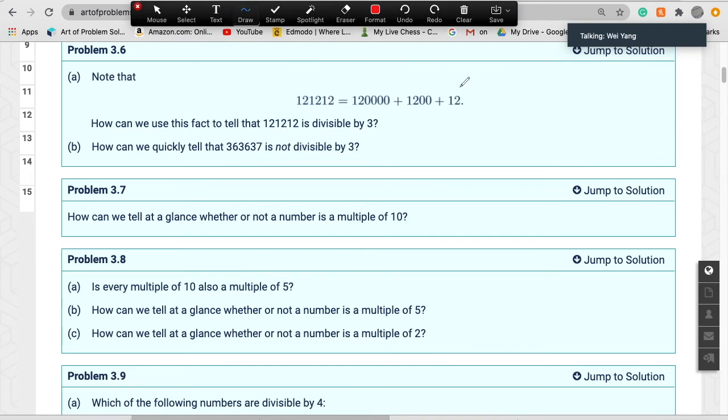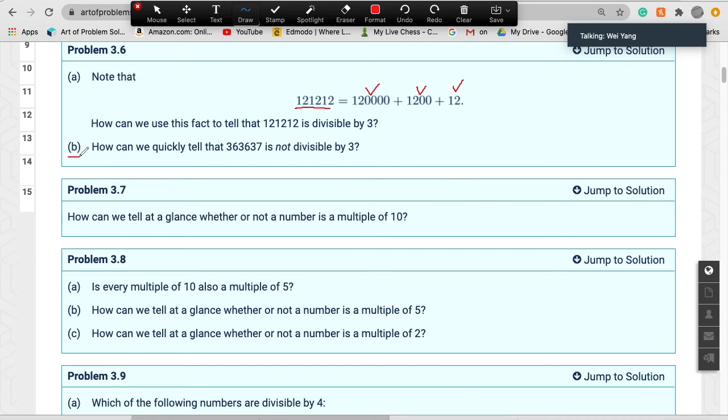So we check this one divisible by 3. This one also divisible by 3. This also divisible by 3. By this way, we know the sum of these three numbers is also divisible by 3. Right? Because 12 divided by 3, you got 4, and the remainder is 0.